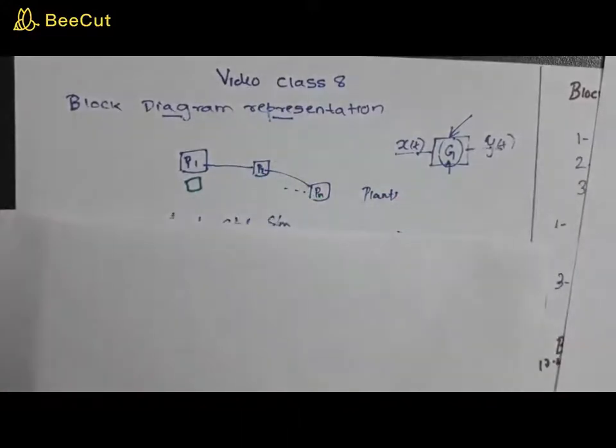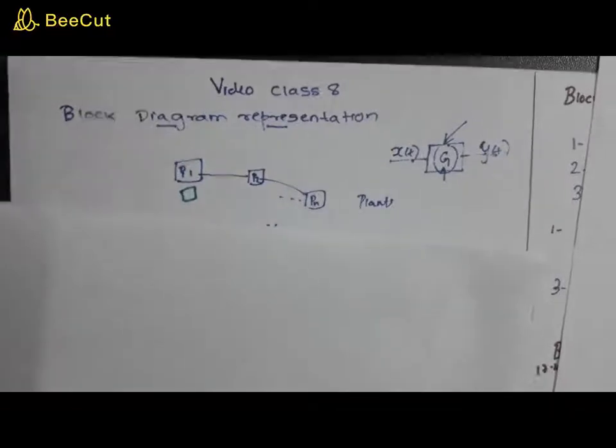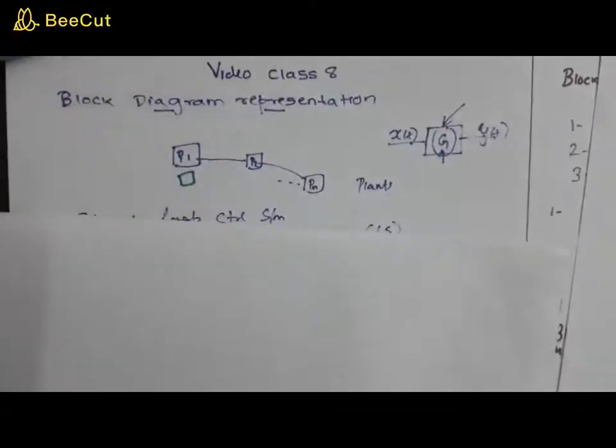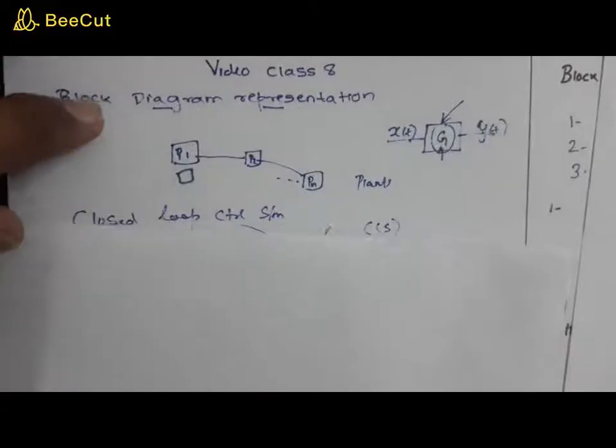So when you represent it, each component in that plant can be considered as a block, and you can evaluate the individual transfer function of each component, and you can develop a block diagram of a big complex system, and that block diagram will also be complex, just as we saw in the second example right now.